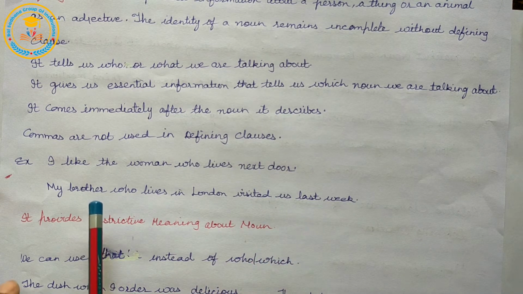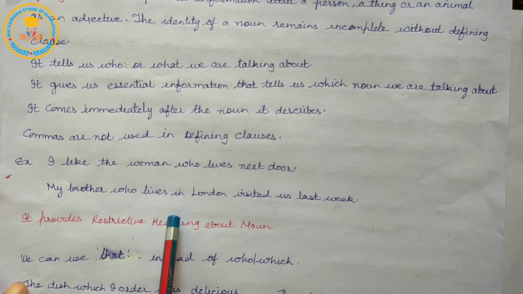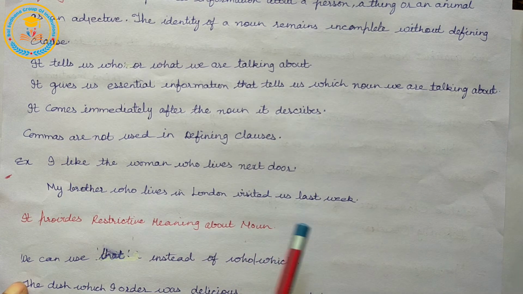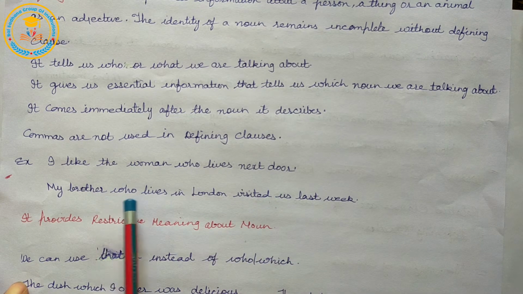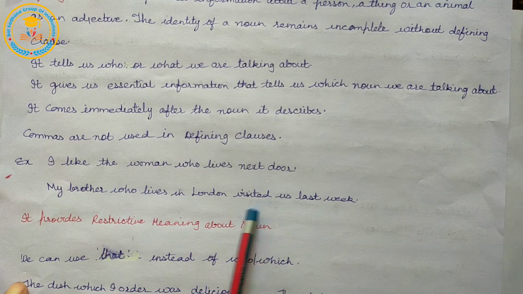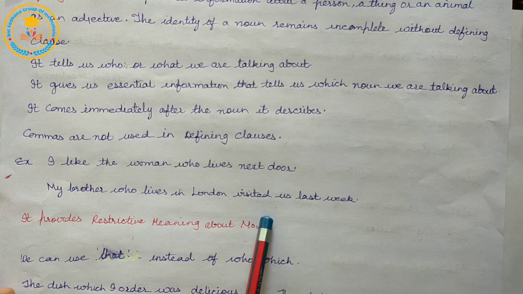It is the quality of my brother, that is, defining who lives in London. Here it means that my only brother who lives in London visited us last week. So the meaning of my brother is restricted here.